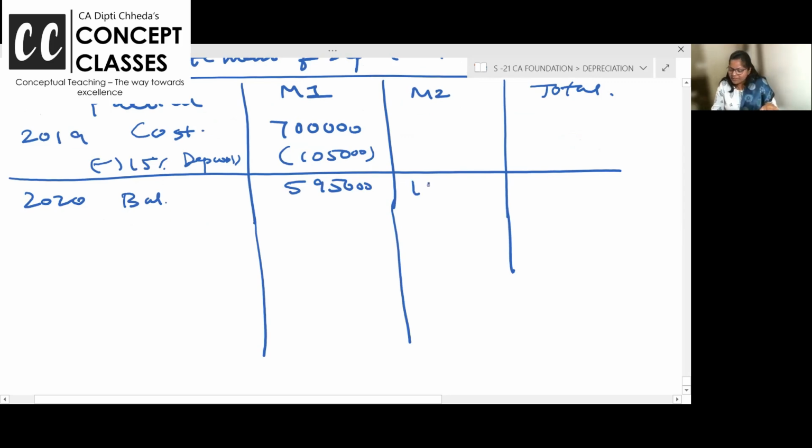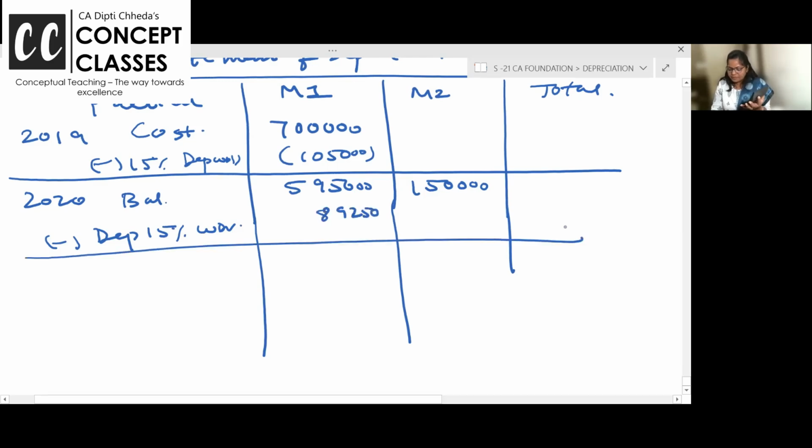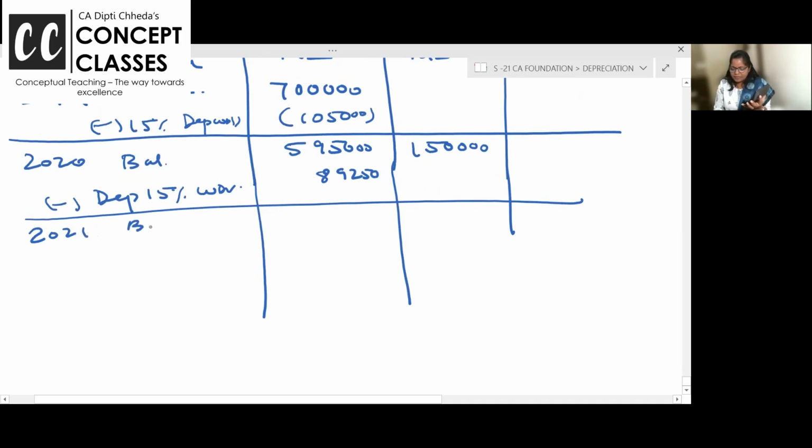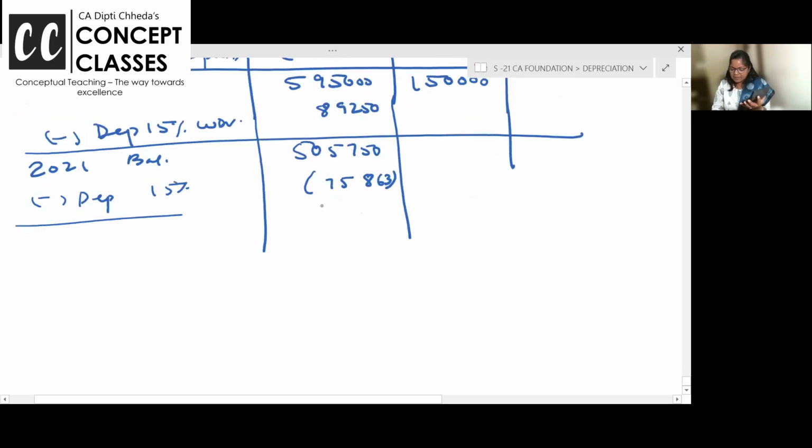5,95,000. Now in 2020 the second machine is also purchased. Again depreciate 15% WDV. How much did it come to? 5,95,000 into 15% is 89,250. Now 2021 balance, let us do one asset at a time first. 5,05,750. Again depreciate 15%: 75,863.